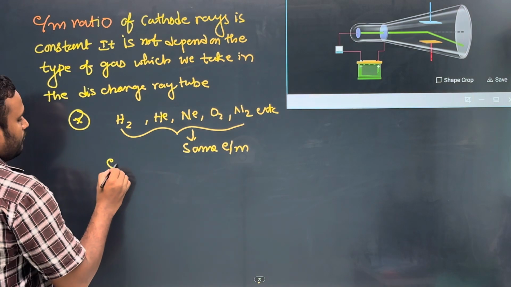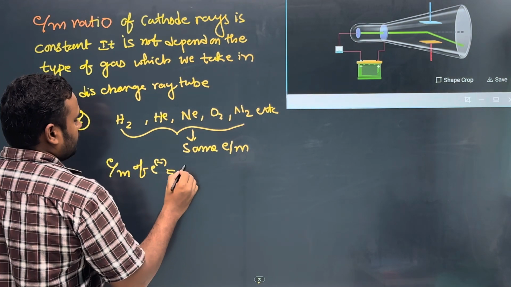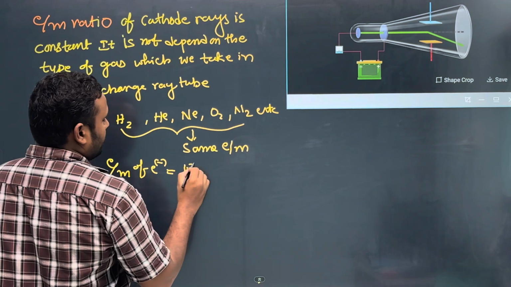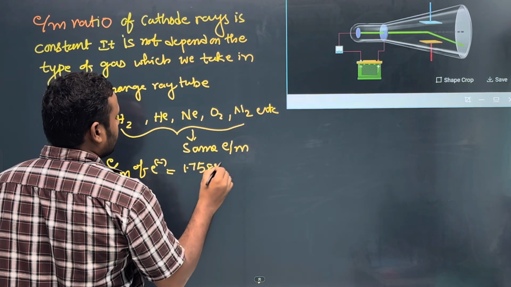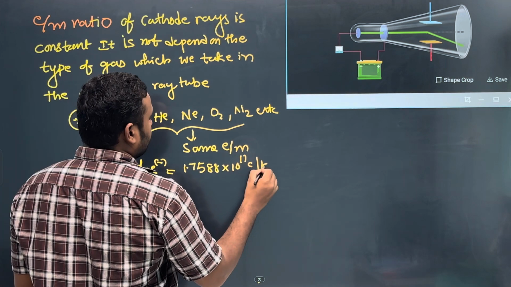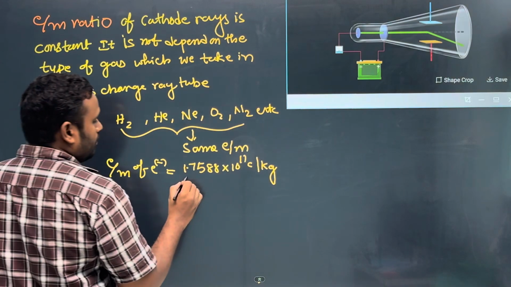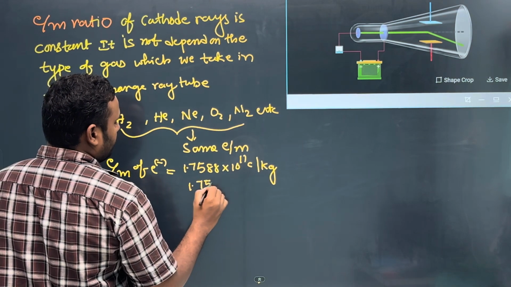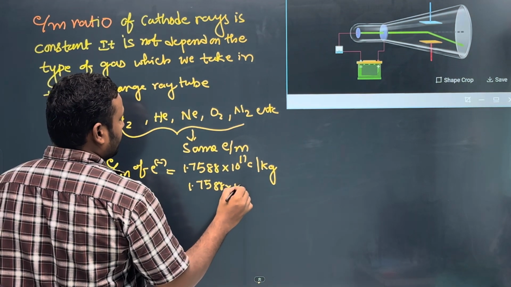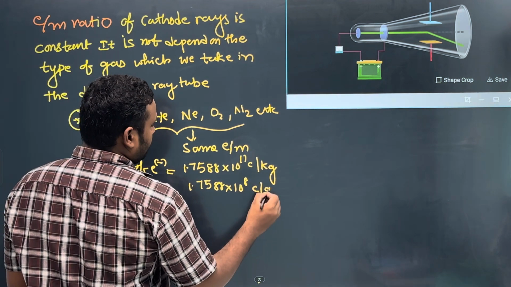So the e/m value of electrons is 1.7588 into 10 to the power of 11 coulombs per kilogram, or 1.7588 into 10 to the power of 8 coulombs per gram.